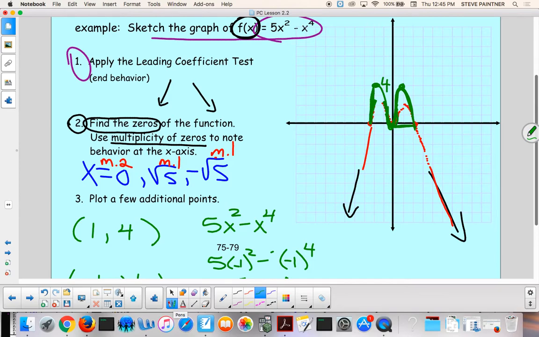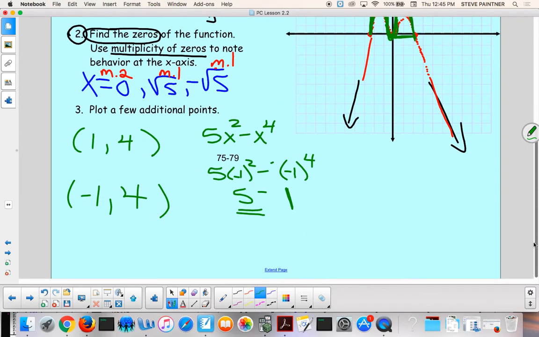Okay, but now here's the deal. How fast does this thing go down? Does it go screaming down, or does it kind of widen out pretty quick? So you need to try one more number on the right of square root of 5, on the left of negative square root of 5. So you have to pick something a little bigger than this. 3, 4, 5 probably, right? I'm hearing 3s and 4s and 5s. Okay. I personally wouldn't go to 5 because you're going to get awfully big. 3 is good.